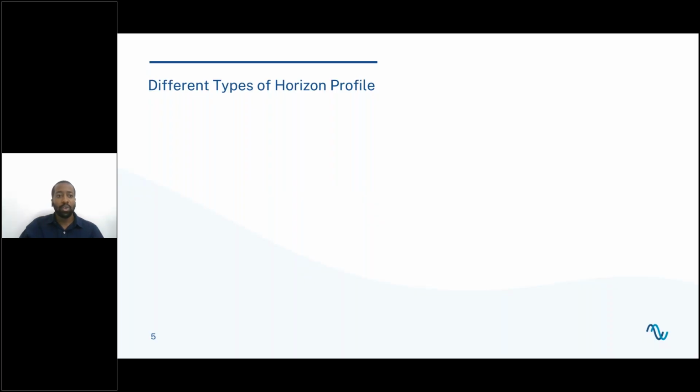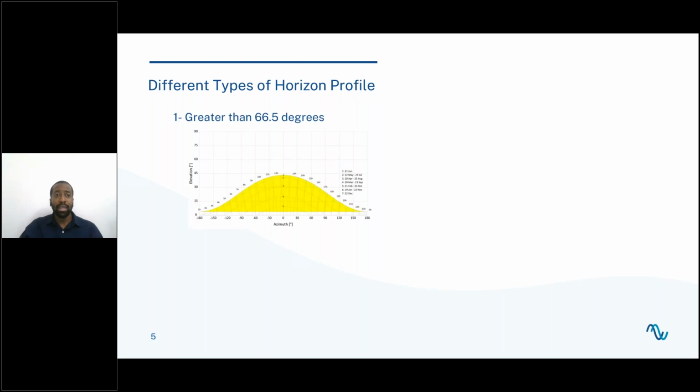And here we'll be talking about the different types of horizon profile. Like I mentioned before, depending on the location of your site, you will have different horizon profiles. Starting with this first one, it is located at a latitude greater than 66.5 degrees.